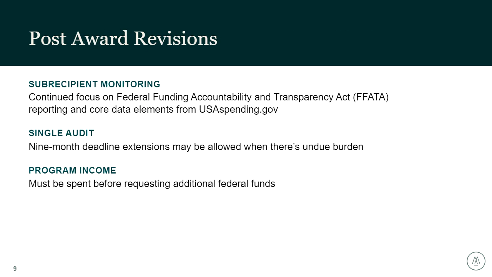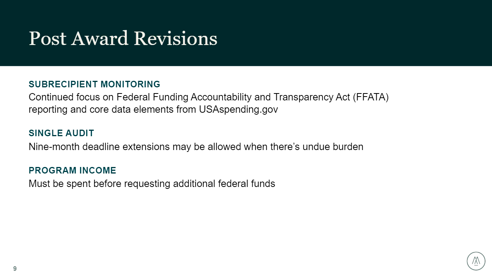A couple important things to note regarding post-award revisions. So there is increased focus on the FFATA reporting, the Federal Funding Accountability and Transparency Act reporting. This came around a number of years ago, but a lot of organizations either weren't following it or weren't sending in those reports, that information, and there was an issue with accuracy in a lot of situations.